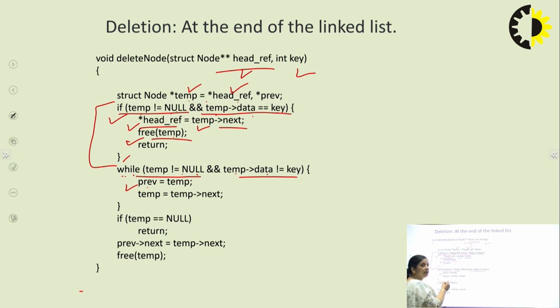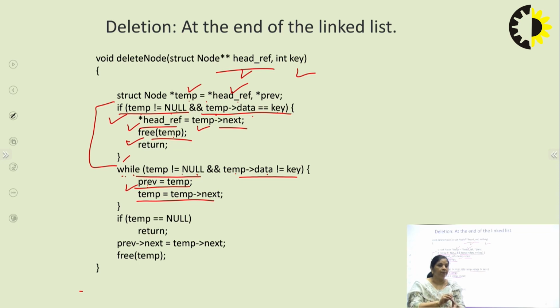If we get the key, what will we do? While we are not getting the key, what will we go on doing? The temp we are on will be taken as the previous node, and its next will be taken as temp. It means we move to the next node, but after checking whether temp is the last node or has the same key.